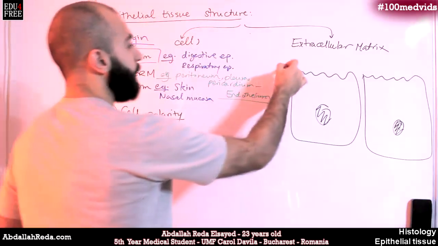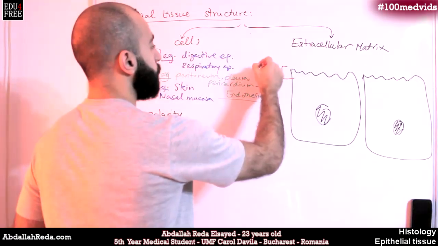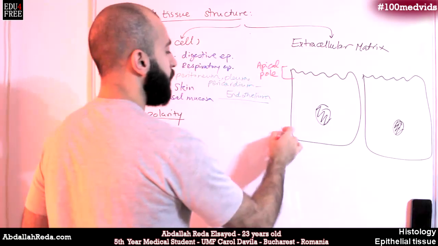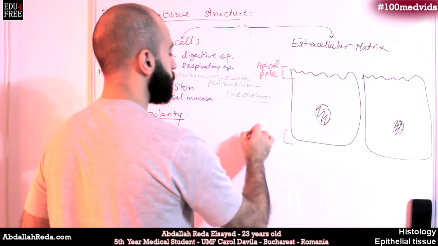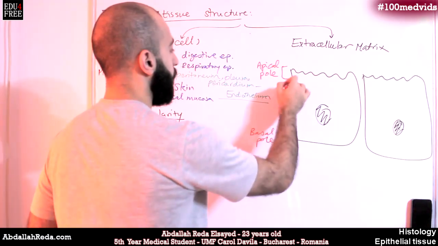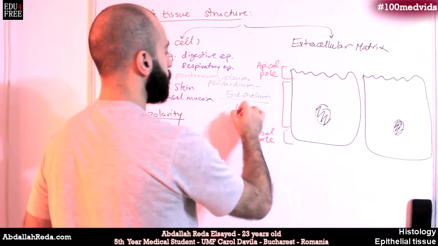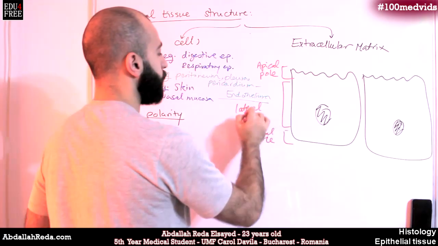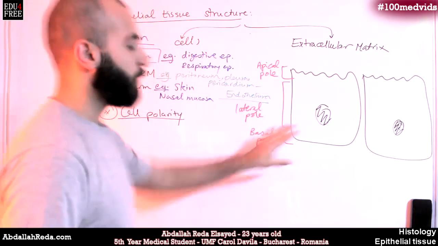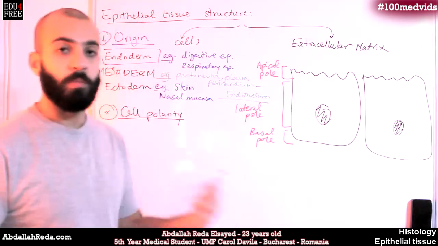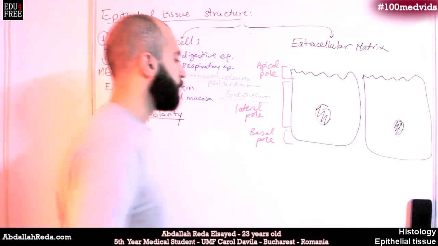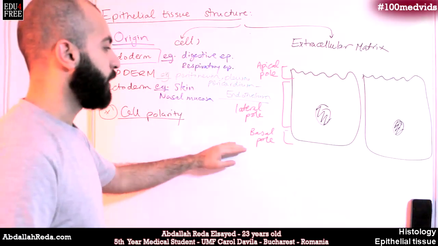So we have the apical pole, the one at the apex, and we have the basal pole, and there is the lateral pole. Sometimes the basal pole and the lateral pole are combined together, and the expression is called basolateral pole. So we have apical pole and we have the basolateral pole, or we can separate them like that.